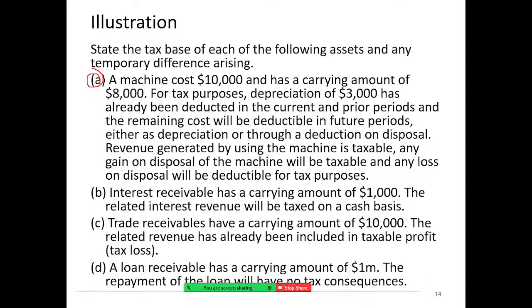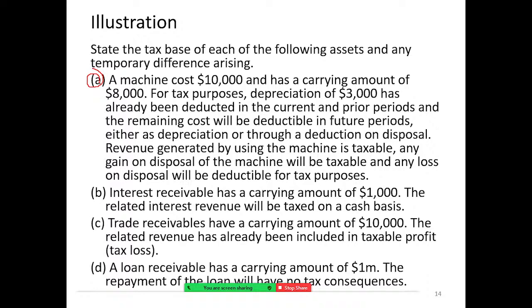We have to worry about whether there are any differences between carrying amount and tax base. So how much is the carrying amount of the machine? 8,000. Then tax base? 7,000. There's a temporary difference. How much? 1,000. That's it.